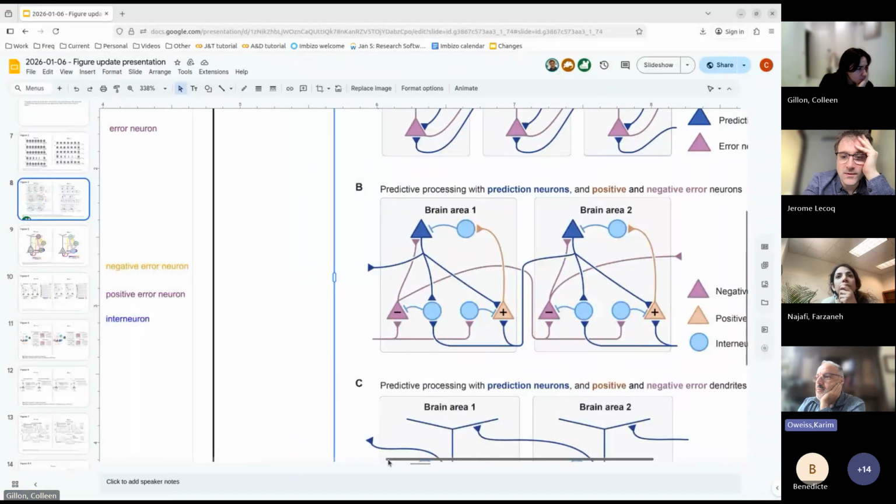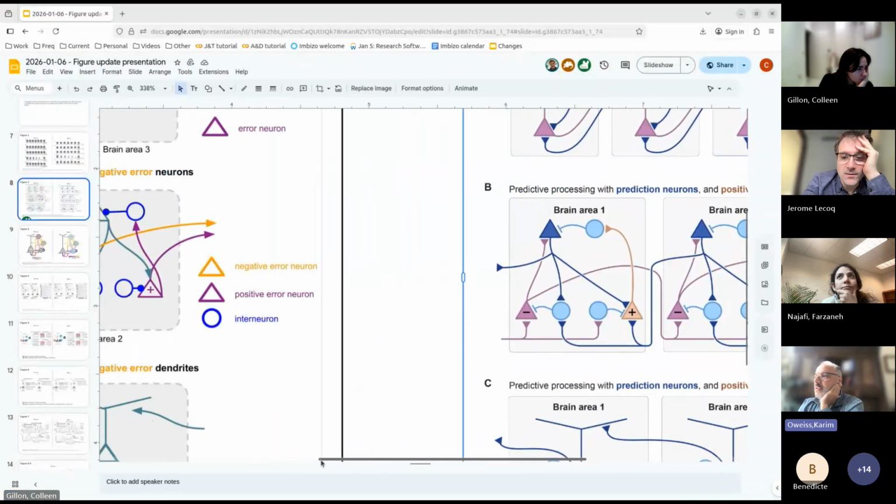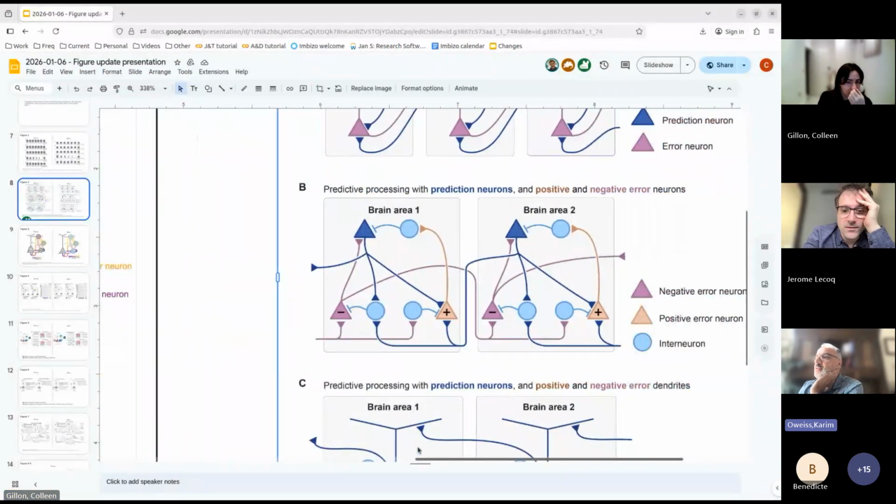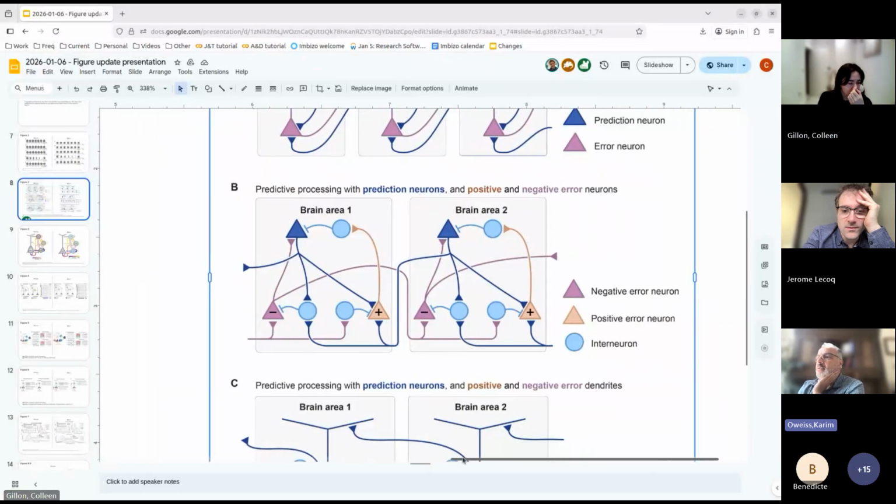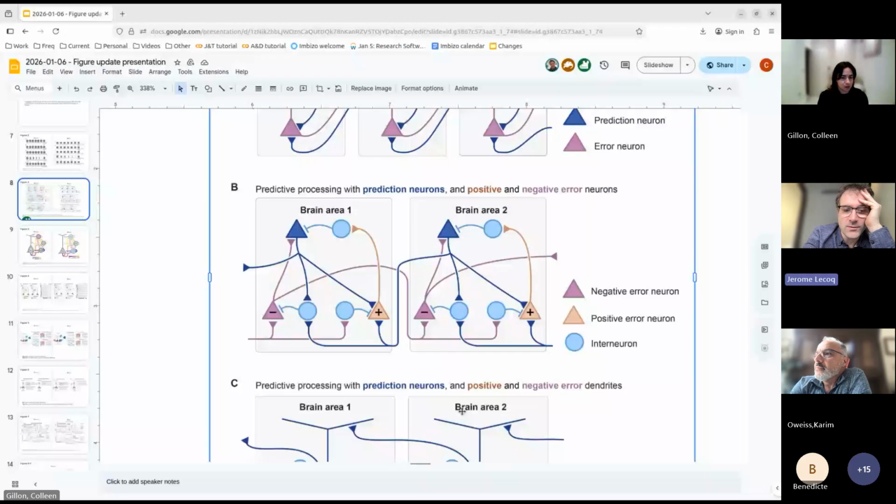Yeah, so why is there asymmetry between the negative error projection in model B to the pyramidal of the higher layer versus the positive error neuron projection to the interneuron in the higher layer? Sorry, this was to avoid clutter. We wanted to indicate in the caption that both of them are sending projections.